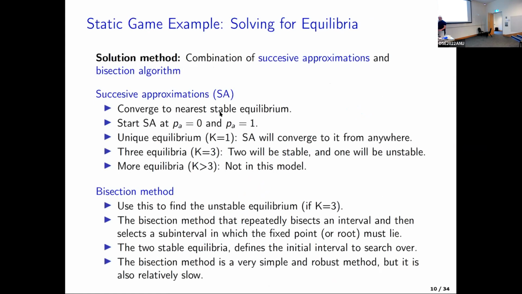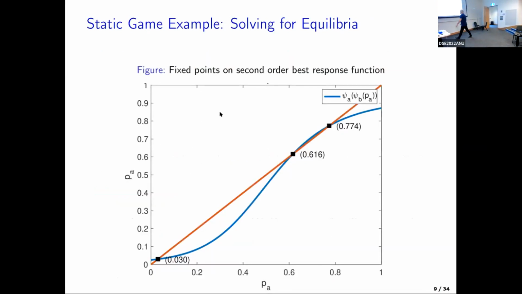Now, it's very easy to solve in this context. It's not hard to come up with a full solution method for this game. This is a very, very simple set of equations we need to solve.